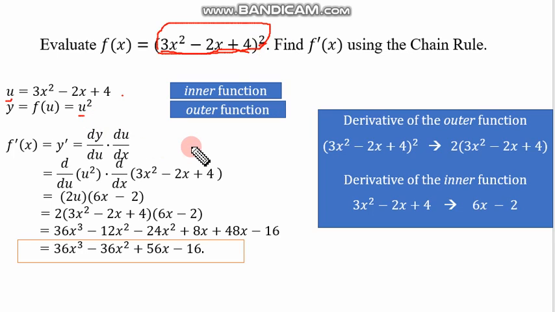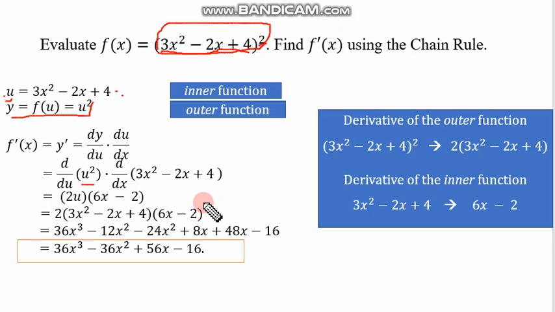So again, f prime of x according to the chain rule is dy/du times du/dx. Now, dy/du is the derivative of u squared, times du/dx, which is the derivative of 3x squared minus 2x plus 4.